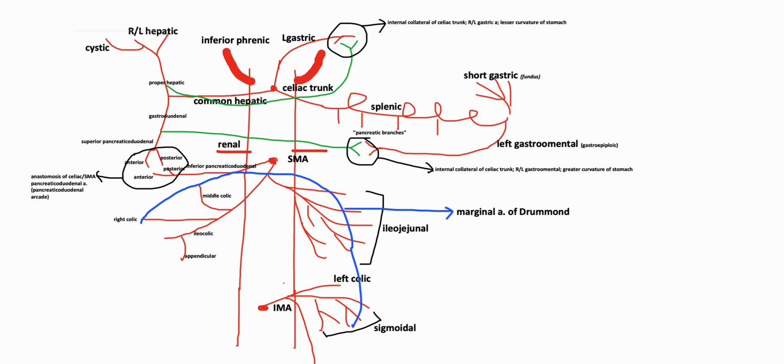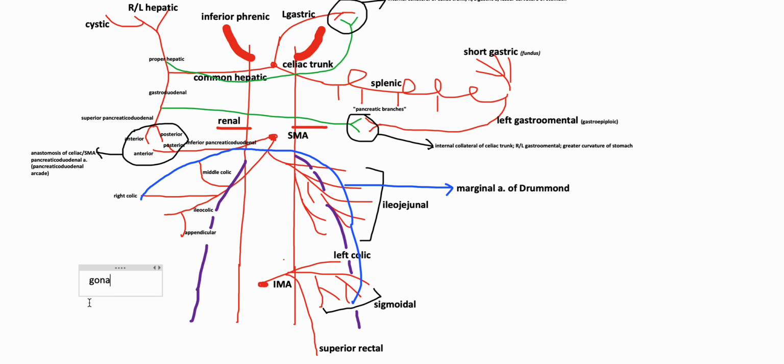We're going to draw them in a different color. How's purple? So the gonadal arteries will come down like this. And remember, these are paired arteries, so they're on both sides. And the gonadal arteries will refer to either testicular or ovarian.